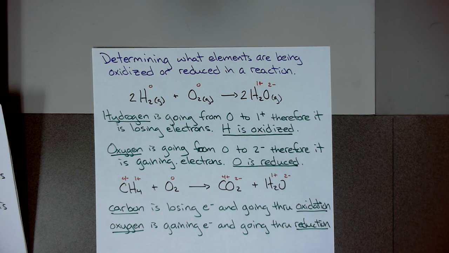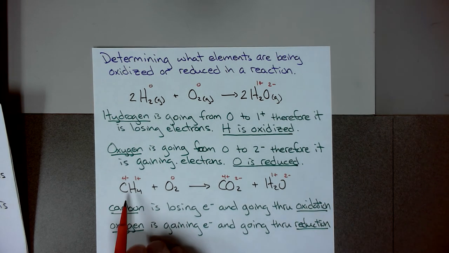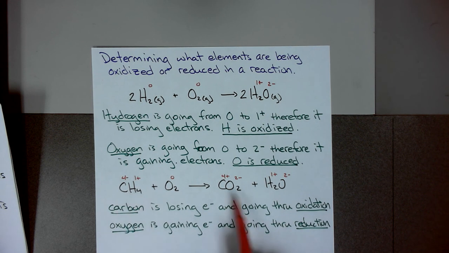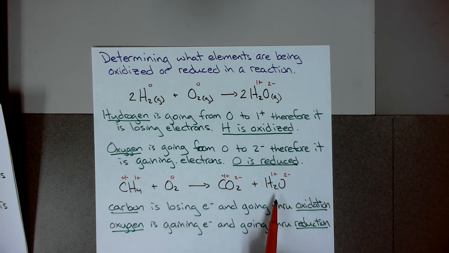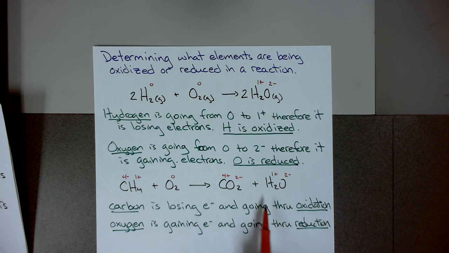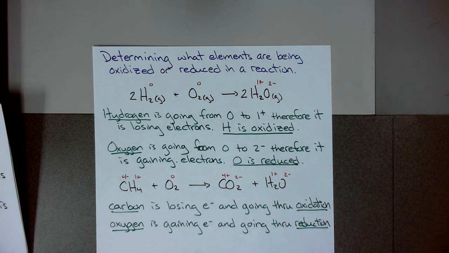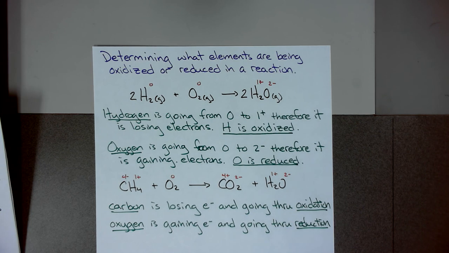And we notice that this is a combustion reaction. So all combustion reactions go through oxidation reduction. All combustion reactions. So we have synthesis and combustion. The last one we want to look at is a decomposition reaction.